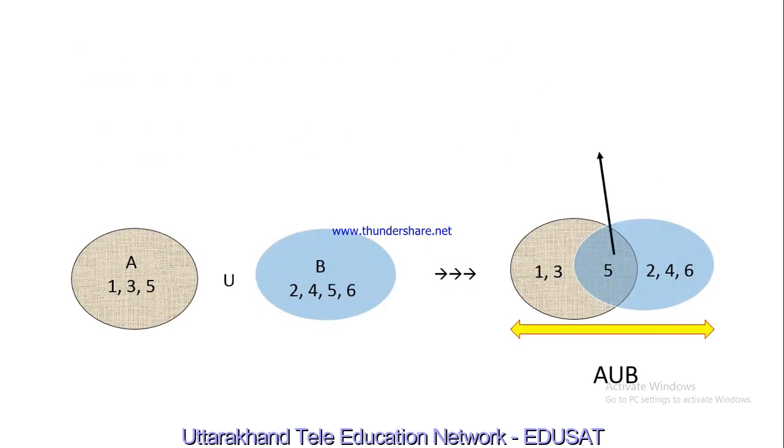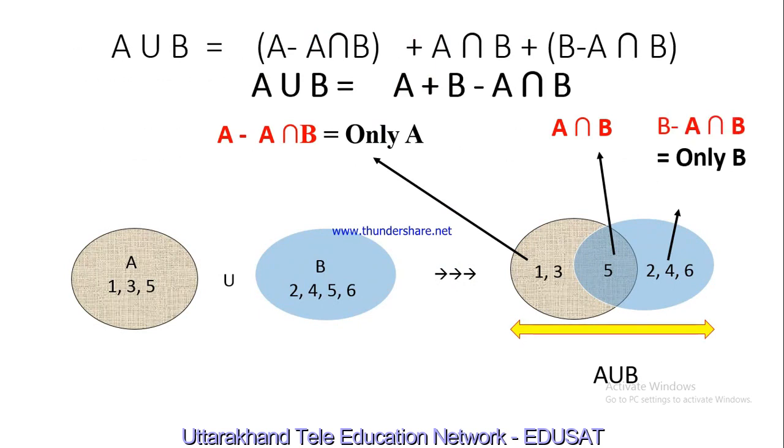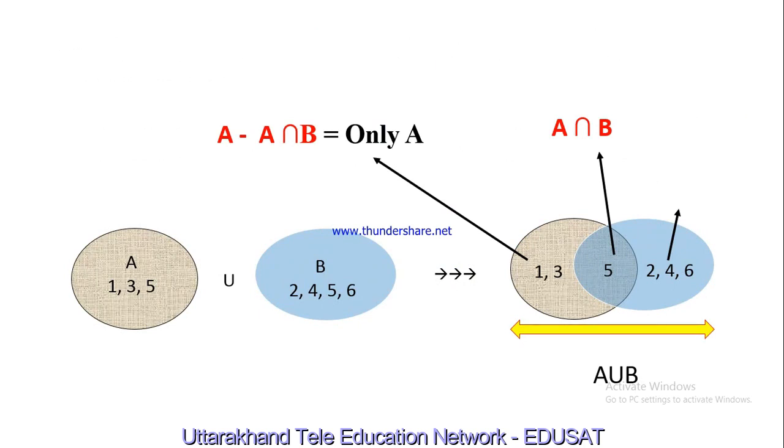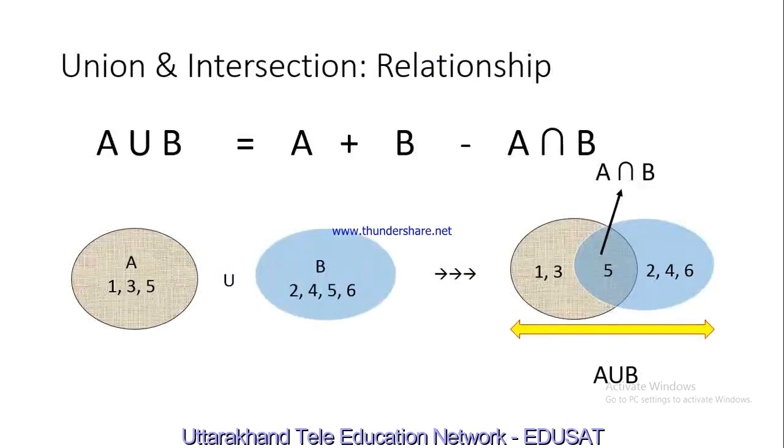But then, do you understand how we got this formula? Okay, so let us try and understand how we get this formula. A union B is to the left side of the screen, and then let's move to the right side. The two circles are overlapping, and you see A intersection B being shown with an arrow.